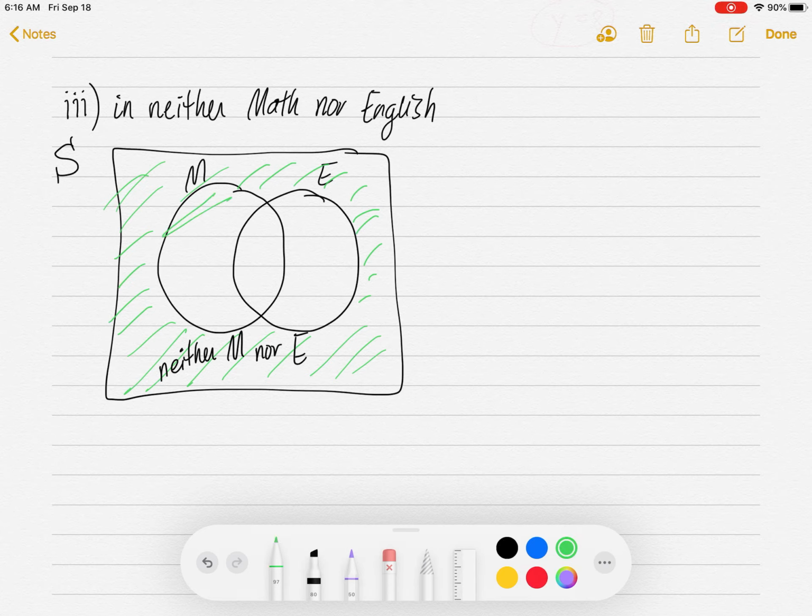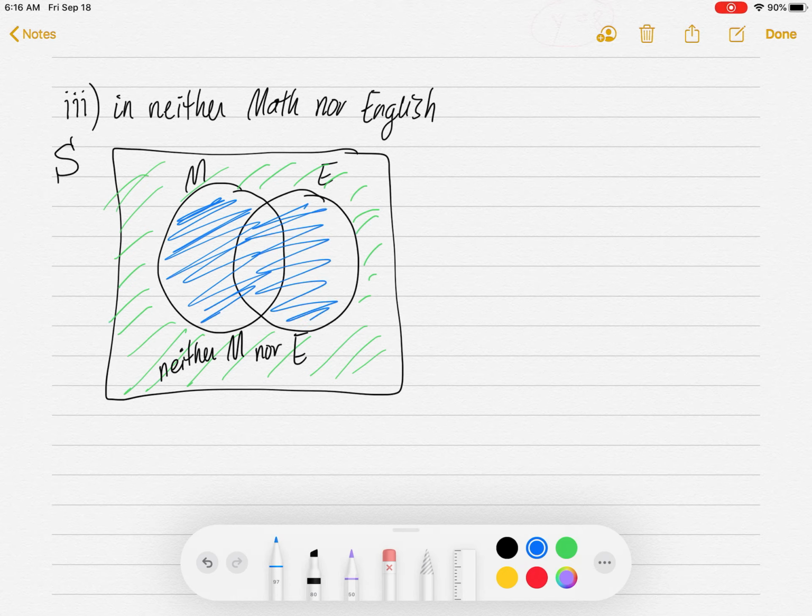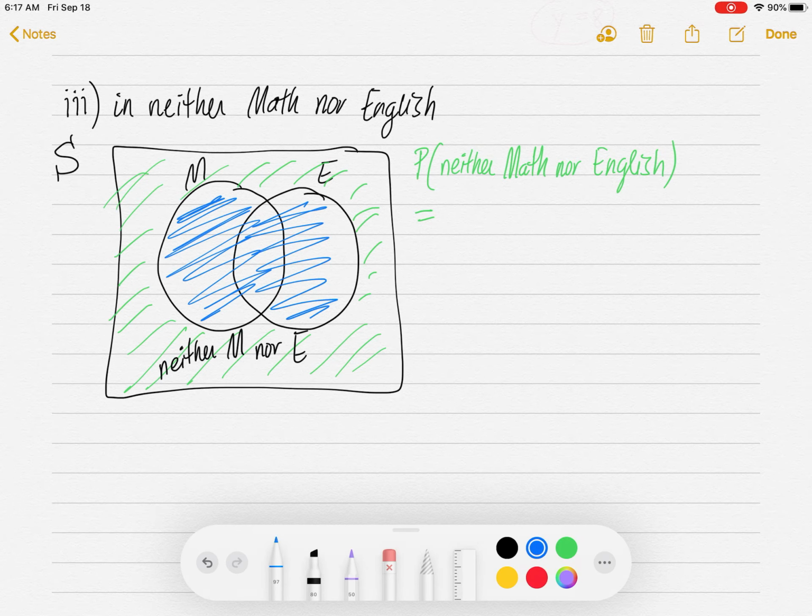So what is that? That's the complement of math or English. That's outside of math or English. That would be the complement of this blue here. So the probability of neither math nor English is equal to the probability of the complement of math or English.